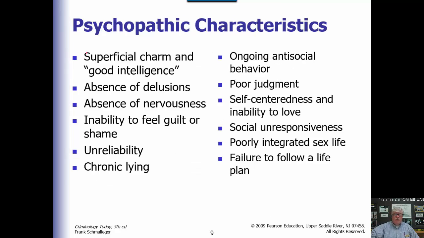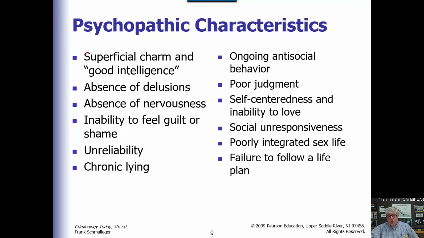All right, these are some of the characteristics. I'm not going to read every single one of them to you, but take a look. As I said, Ted Bundy, superficial charm and good intelligence. He was a very smart guy, and he got along with everybody. You look at the other ones, absence of delusions, which means they're not like a person we're going to look at later on that has some kind of mental issues where they're deluded and think that the Martians are out to get them, or there's some crazy thing going on and they have to kill people to protect themselves.